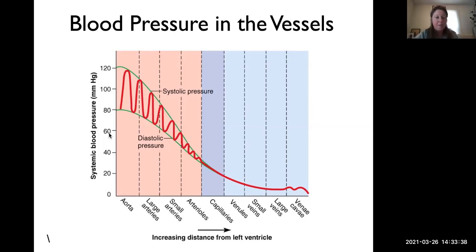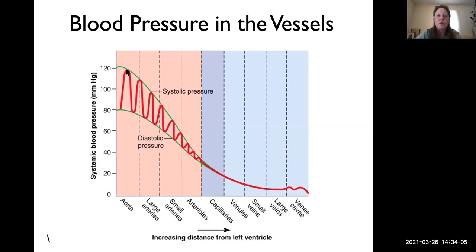Okay, now it's annoying to talk about two numbers all the time. If I want to talk about blood pressure in the systemic arteries, I don't want to have to say, well, I'm talking about the systolic pressure now, or I'm talking about the diastolic pressure now. Or if I don't say at all, then nobody knows which one I'm talking about. It could be anything in here.